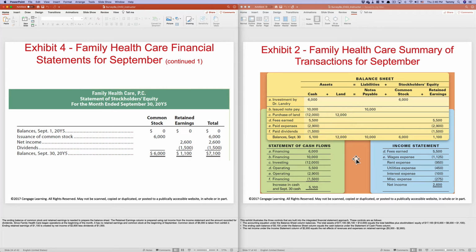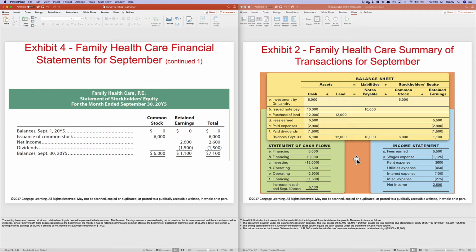And I will note that the balance sheet, the income statement, and the cash flow statement are what you would call the three primary financial statements, and they don't bother explicitly pulling out the statement of stockholders' equity here in this sort of transaction analysis framework.